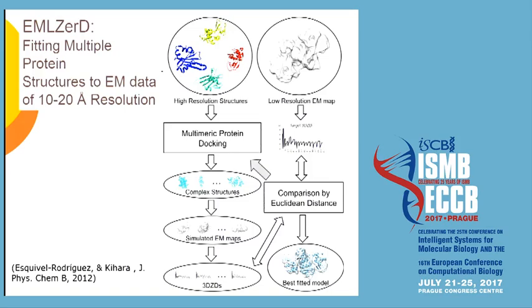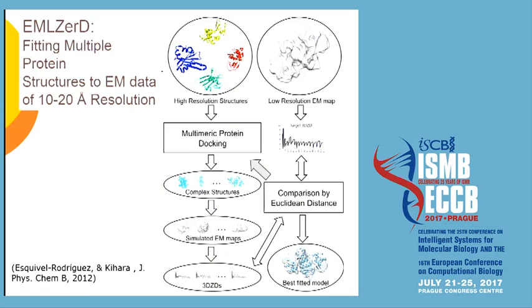So the problem setting is that suppose I have a low resolution EM map at about 10 to 15 angstrom, and the assumption is that I have the structures of individual components, which are solved by X-ray crystallography, or modeled nicely by structure prediction methods. Then I want to fit these structures into this EM map.